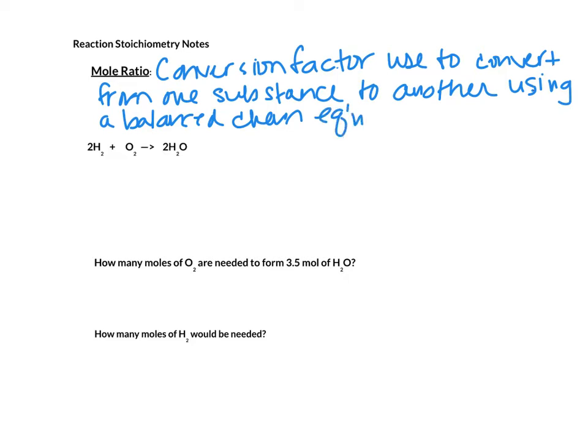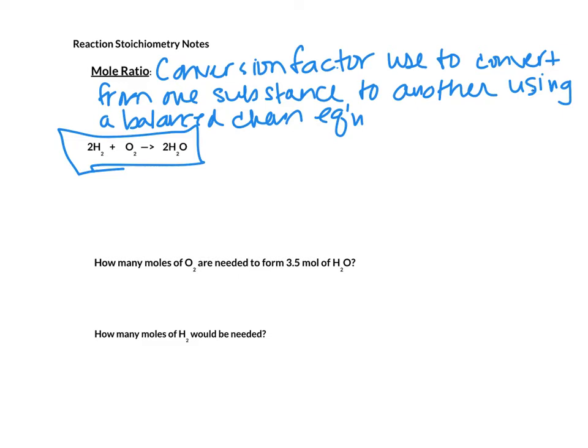So, for example, I have this balanced chemical equation here, where if we were going to describe this chemical equation, we would say that 2 molecules of hydrogen reacts with 1 molecule of oxygen to form 2 molecules of water. Well, what if I multiplied everything by 6.022 times 10 to the 23rd?